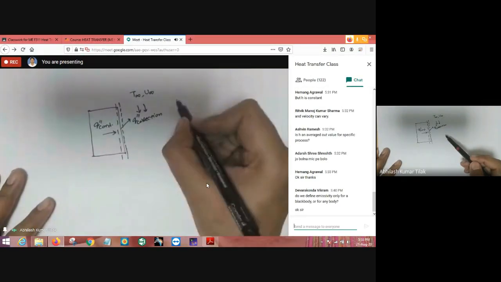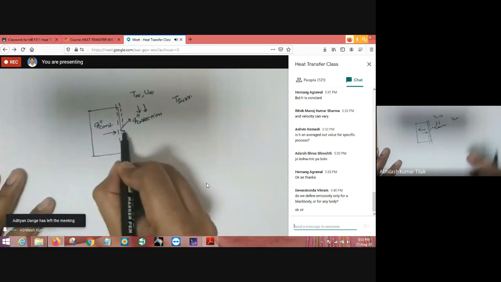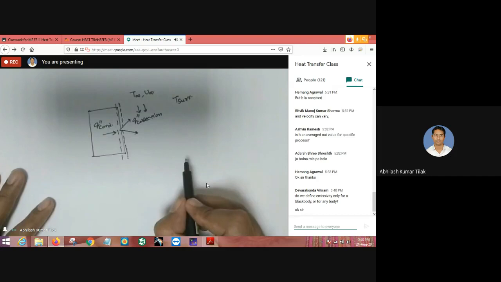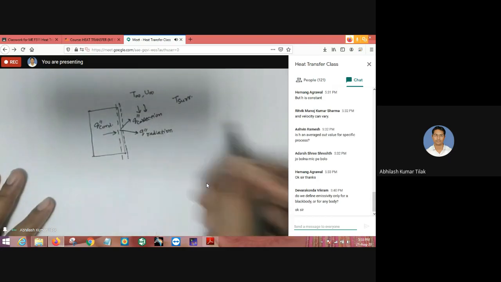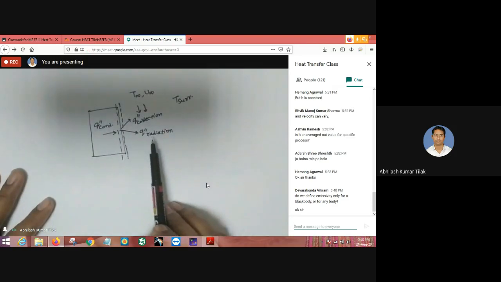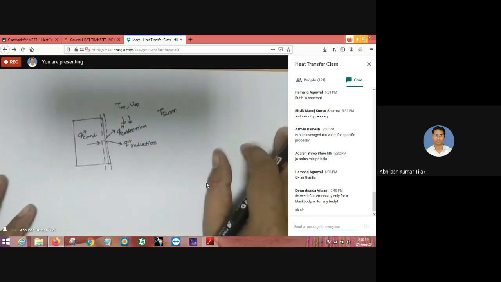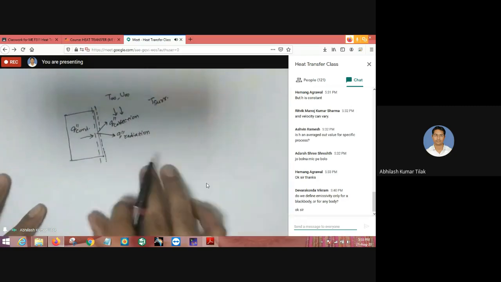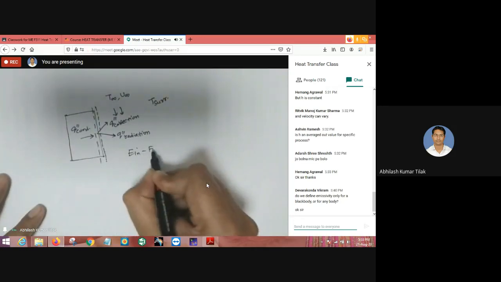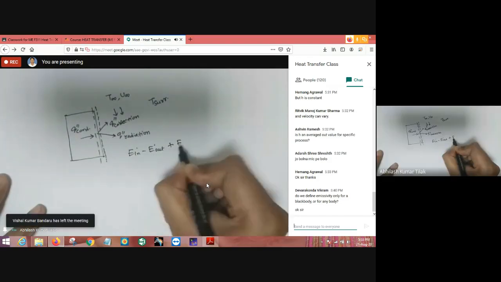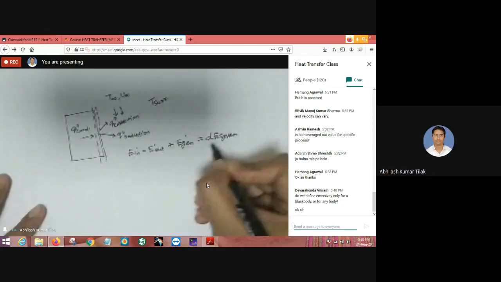Now, if you consider that there is T surrounding, that is the surrounding temperature, there can be a radiation heat transfer from the surface to the surroundings, and you can have q radiation. I am writing in the form of heat flux. If you apply the basic law, the first law of thermodynamics, the energy balance, I can say E in minus E out plus energy generated is equal to the change in the energy of the system.